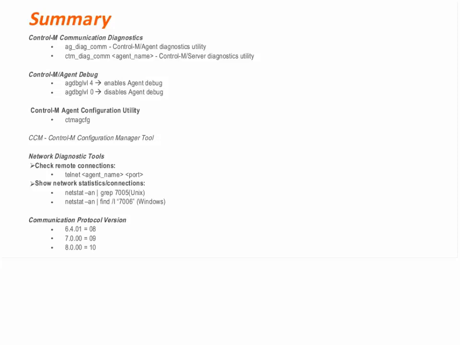As far as the agent debug, what we want you to understand is sometimes I'll get a case and I may need deeper analysis of the problem, so I'll ask the customer to kindly place the agent in debug mode. So for example, AG DBG LVL, agent debug level 0, means that the agent's debug level is off, but usually we'll ask to put it in level 4. That's enough for us to see what's happening there.